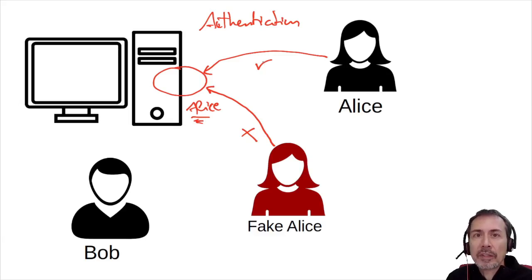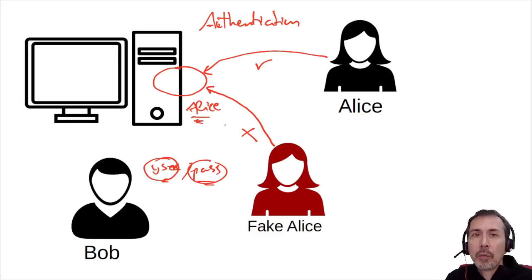The authentication process can be done in different ways. The most used is perhaps user password authentication, where you enter a user, you enter a password only known by you, and then the system authenticates you, and you will be that user because you are the only one that knows the password.